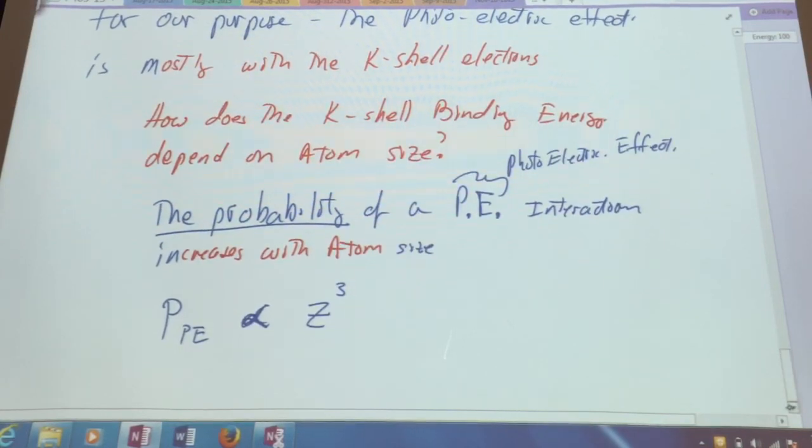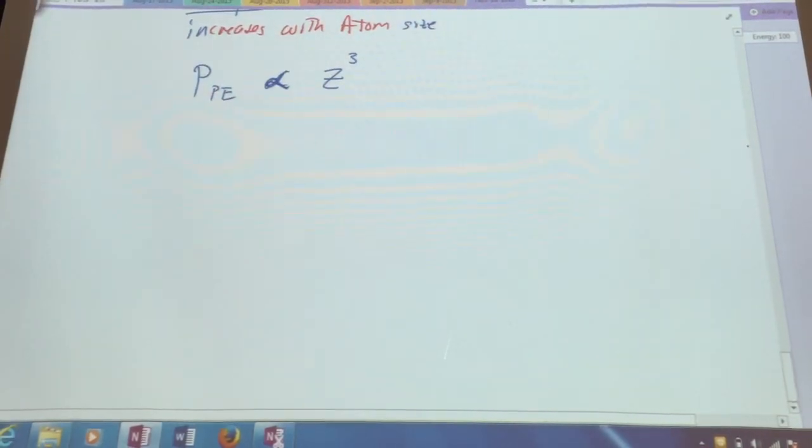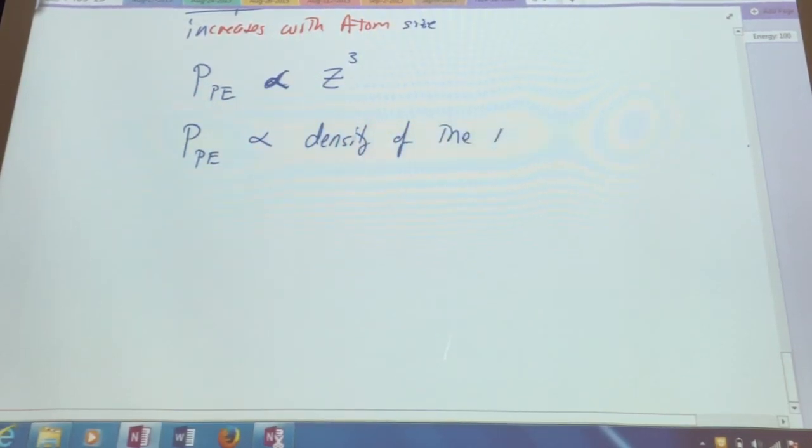Other things about photoelectric probability. The photoelectric probability is also proportional to the density of the material. If you make something more dense, it's more likely to absorb.